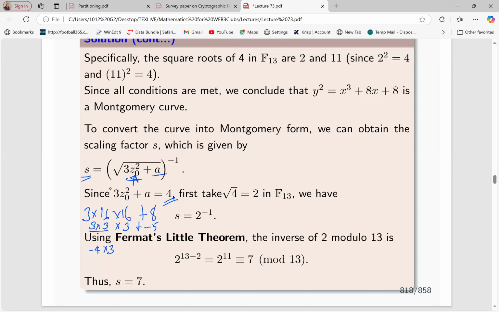Then times 3, then minus 5. This is negative 12, negative 17 mod 13. So what do you get? You convert it to a positive number by adding 13 to it. So negative 17 plus 13 will be negative 4. Is it?